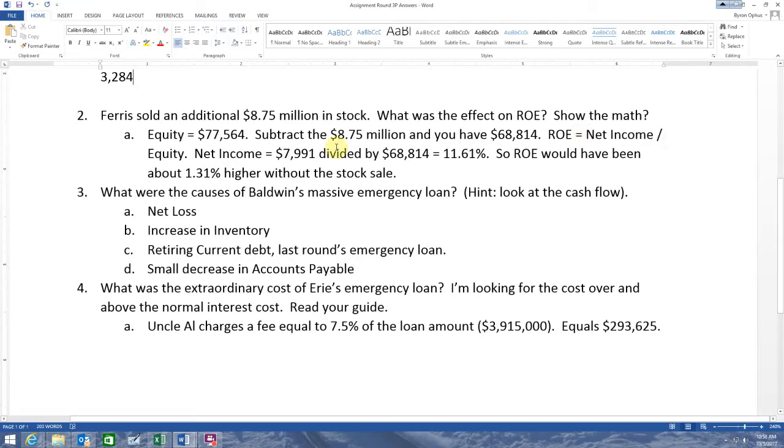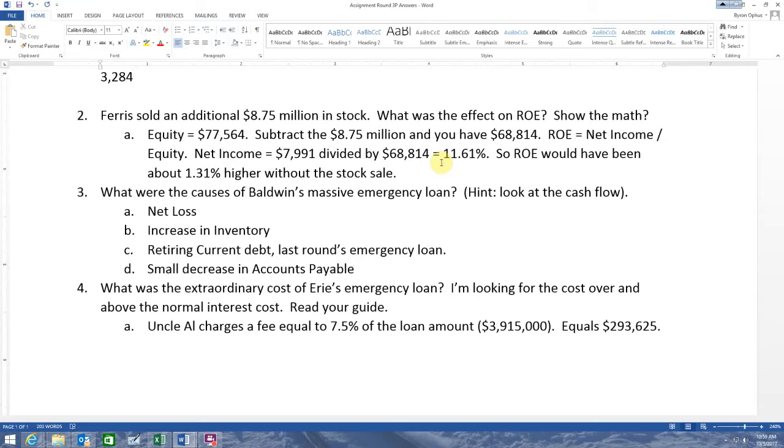So their ROE would be equal to net income divided by equity. The net income was $7,991,000. I divide that by 68.814 million. So their ROE would have been, had they not sold stock, 11.61%. And their ROE was 10.3%. So their ROE would have been about 1.31% higher. Percentage points higher, actually, is how I should phrase that.